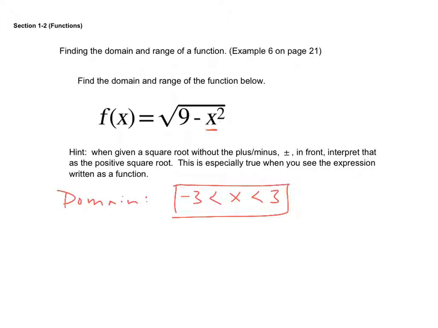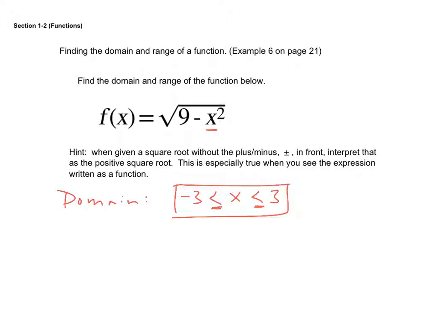Let me back up. I can use any value between negative 3. Oh, I can use negative 3 as well. So I can do that. That is my domain. So I can do anything greater than or equal to negative 3, but also less than or equal to positive 3.